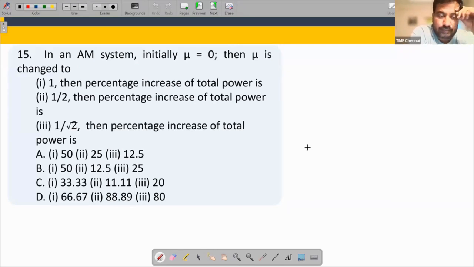Anyone got the answer? Yeah. In an AM system, initially mu is 0, then mu is changed to 1.